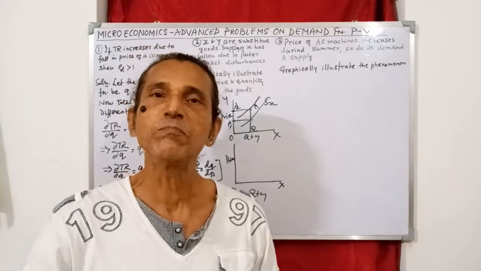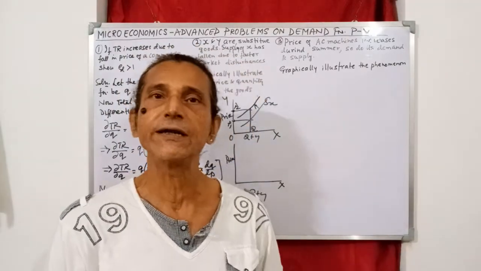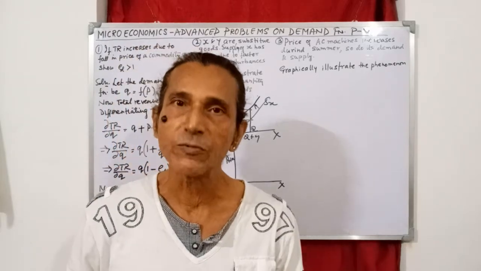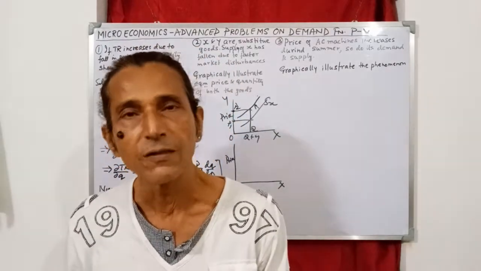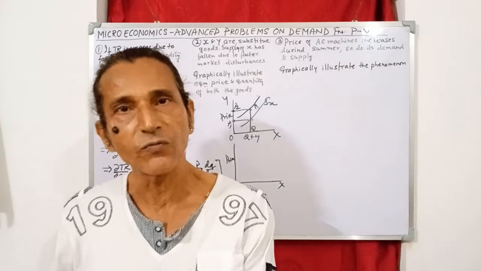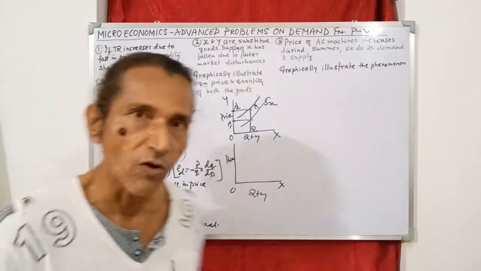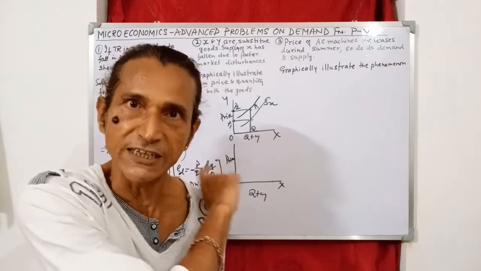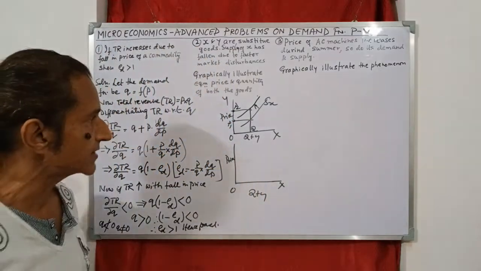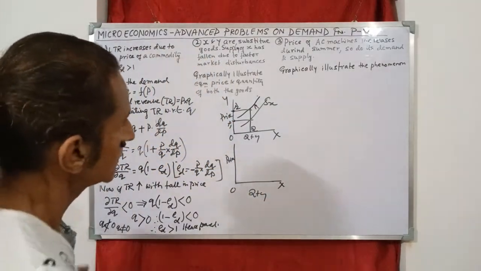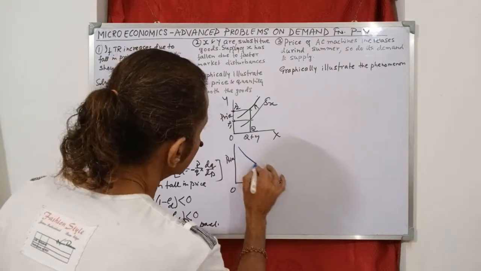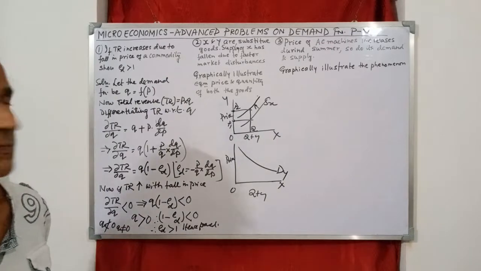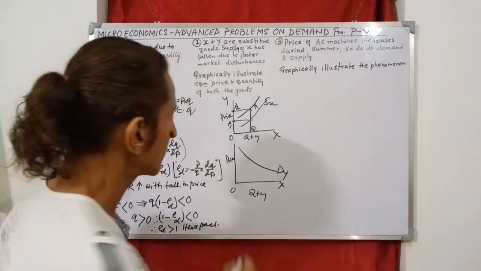So what will be the impact on quantity demanded of commodity Y, that is coffee, as a result of fall in supply and increase in price of tea, as we have taken the example? Now this is the demand curve of commodity Y, right?